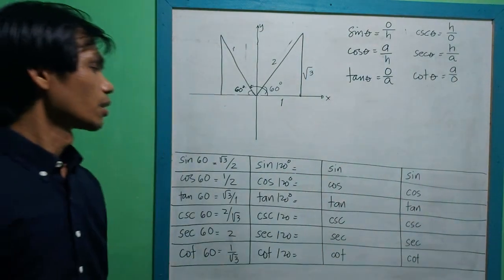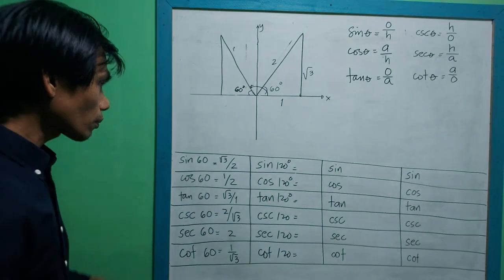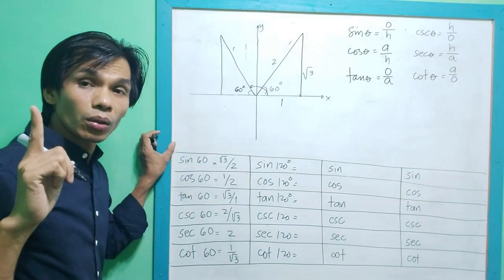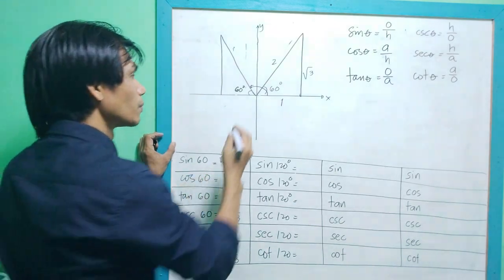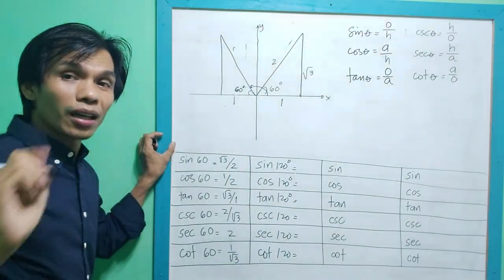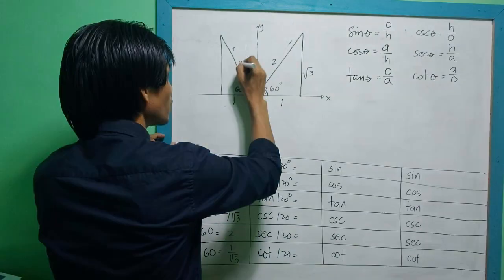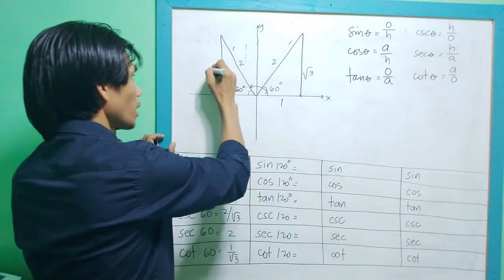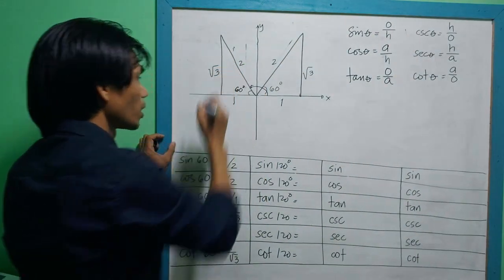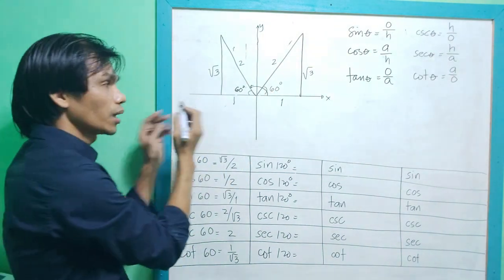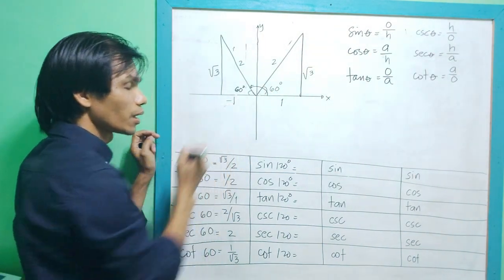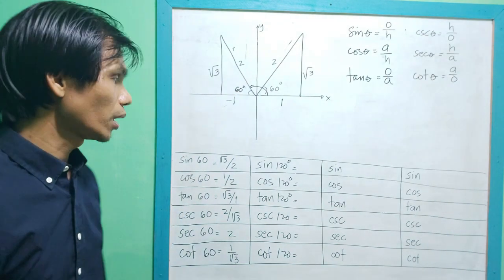Yan. So now, dito ngayon, ulit, ang pinakamaigsi ay 1, ang pinakamahaba ay 2. At ito ay square root of 3. Pero pansinin ninyo, nandito na siya sa part dito, kaya anong sign nito? Negative. Okay?